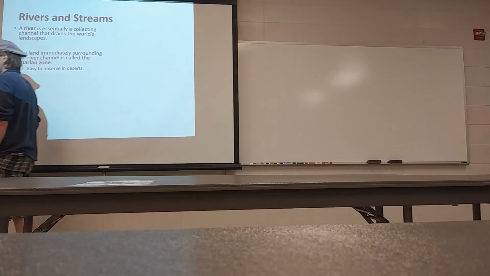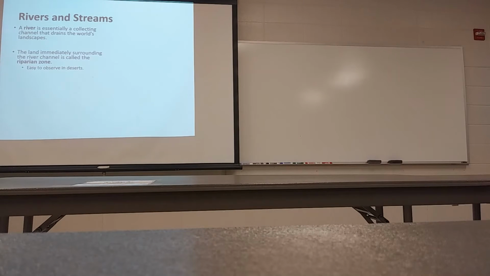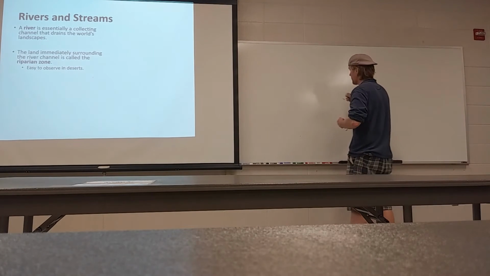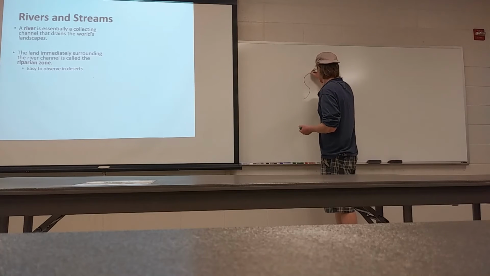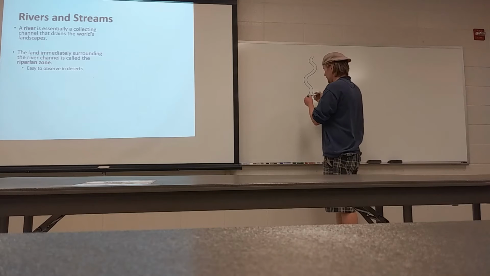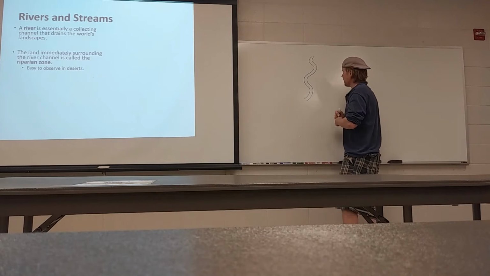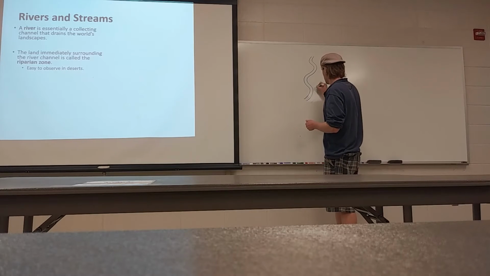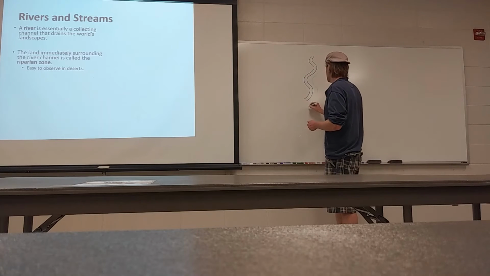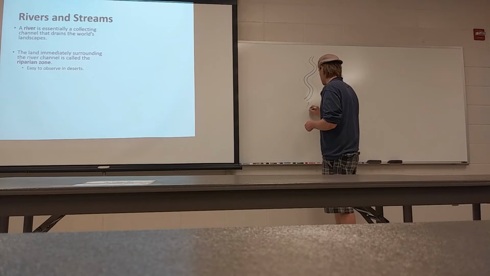One thing to note, surrounding a river, there is a zone of land called the riparian zone. So if you've got a river meandering its way across a landscape, there's going to be a zone of land around the river, and that zone of land is called the riparian zone.